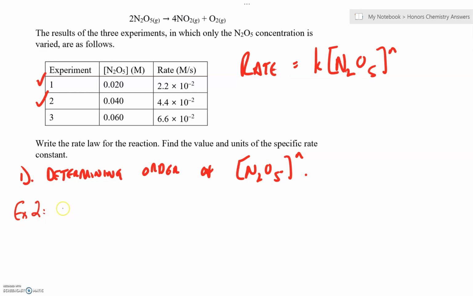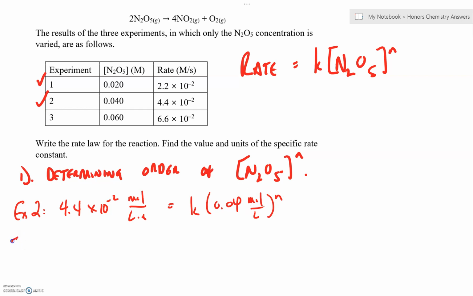In experiment 2, we have a rate of 4.4 times 10 to the minus 2 moles per liter seconds. This is equal to a rate constant K that we don't know. And the concentration of N2O5 is 0.04 moles per liter raised to some power N that we don't know.